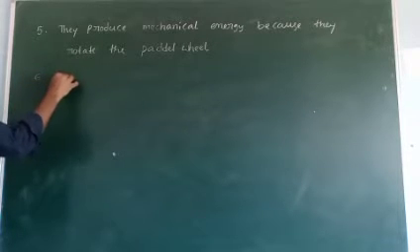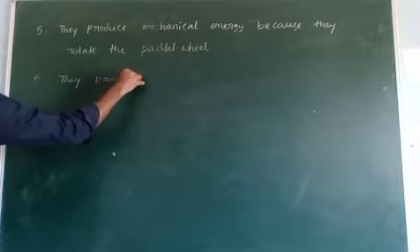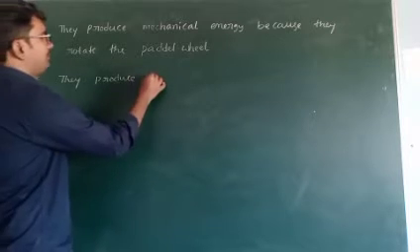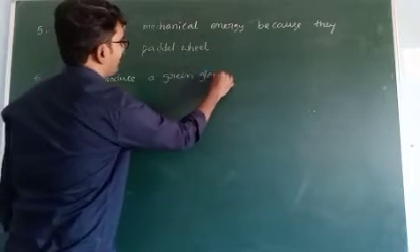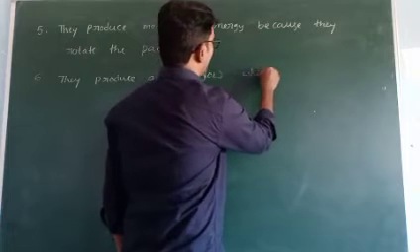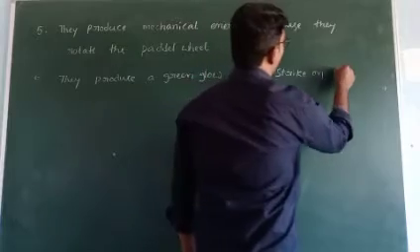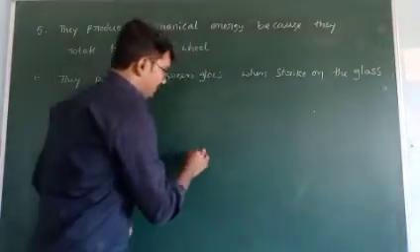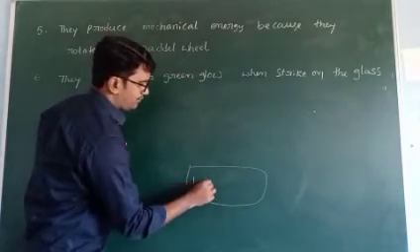Sixth point. They produce a green glow when they strike the glass. Very simple. We know that in the discharge tube, they come from the cathode and move towards the anode.